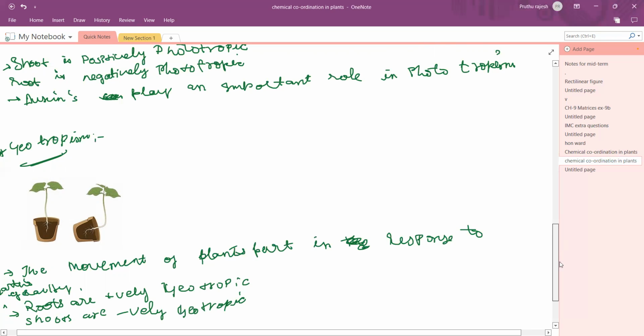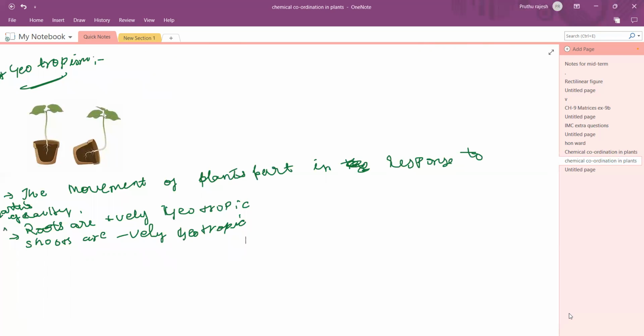There's no hormone really responsible for geotropism. There's no hormone in the textbook. It does not say anything about hormones. So we will continue with hydrotropism now.